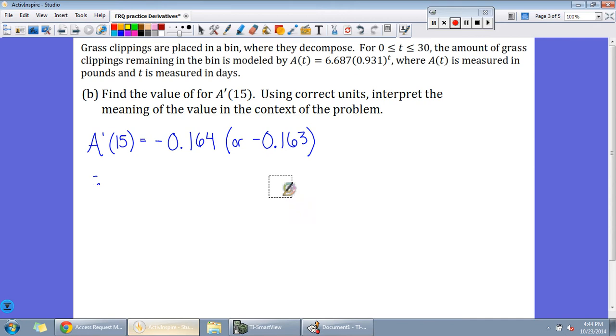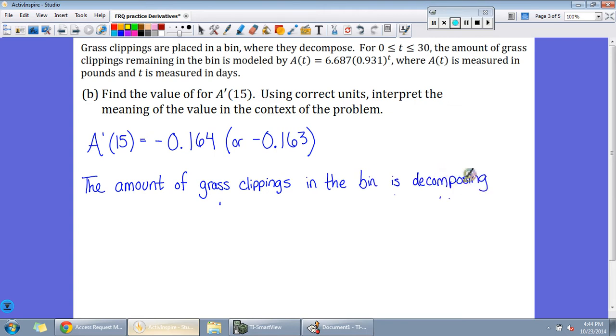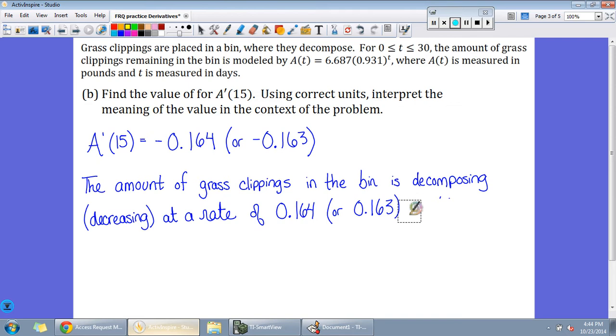So then you need to, using correct units, interpret the meaning of the value in the context of the problem. So what they're looking for is something like the amount of grass clippings in the bin is decomposing or decreasing at a rate of 1.64 or 1.63, depending on what you wrote, pounds per day.